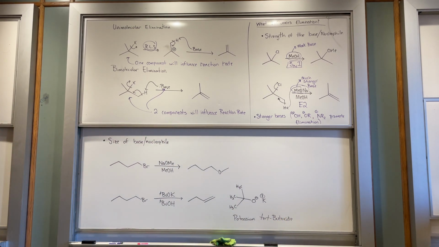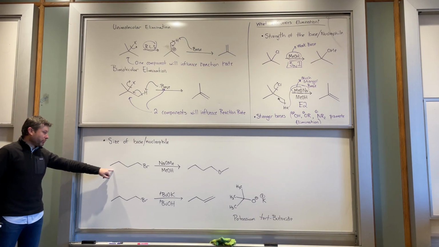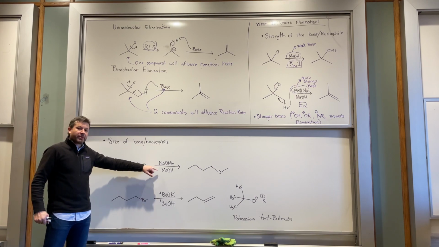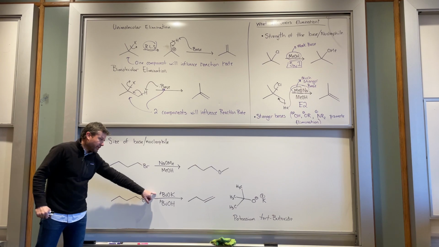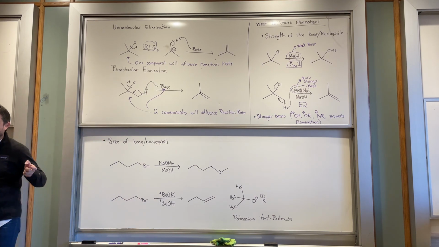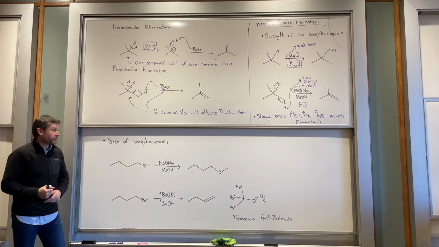So here's another couple of reactions. You can see in both reactions we're using the same electrophile. We're starting with 1-bromobutane. Top reaction, we're using a combination of sodium methoxide and methanol. Bottom reaction, we're using a combination of tert-butoxide and tert-butanol. So a different alkoxide base, and then the matching alcohol solvent.